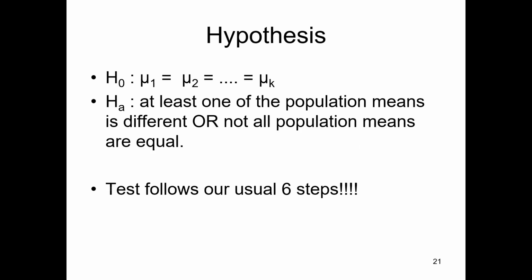So our hypothesis, step number 1, H0, every single one of those means is the same. They don't have to be equal to anything in particular. Notice that. Don't have to be equal to anything other than they're equal to each other. And then HA, at least one of those is different.